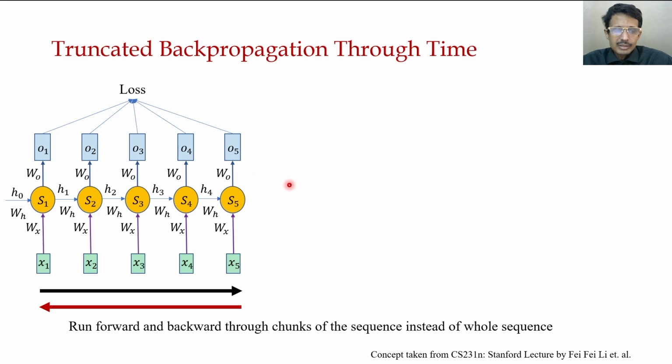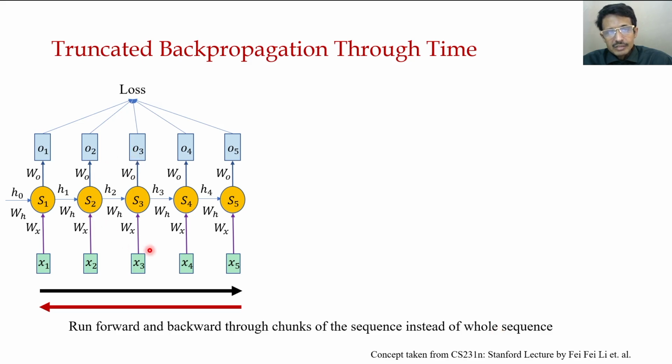It was initially a 15-step sequence, and the first 5 nodes, or 5 time instants, are taken here, and we use backpropagation on them. Since the number of states, or time instances, is much lower, it works relatively better. So this is run forward and backward for chunks of the sentence, or subsequences, instead of the whole sequence.